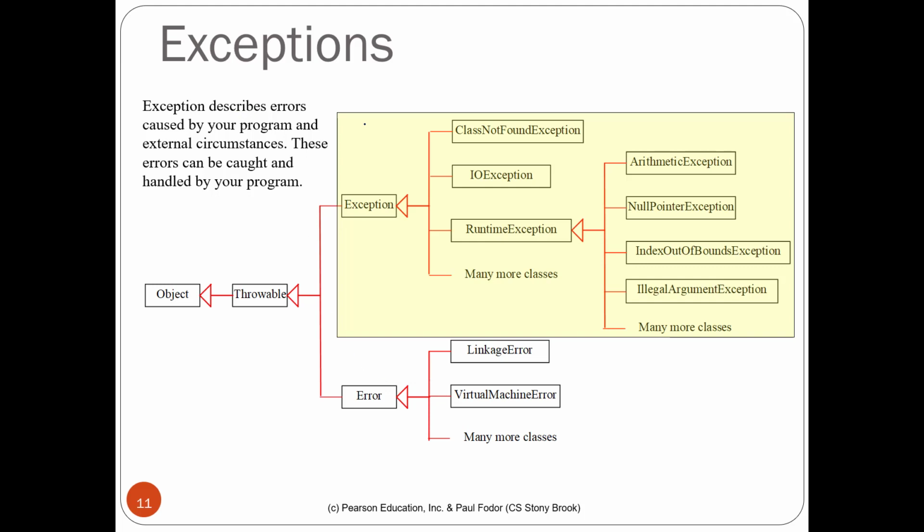Now the Exception class that you have here, these are the exceptions or the runtime errors which are caused by your program. That means which are caused by the programmer. Sorry about this, I will erase that.